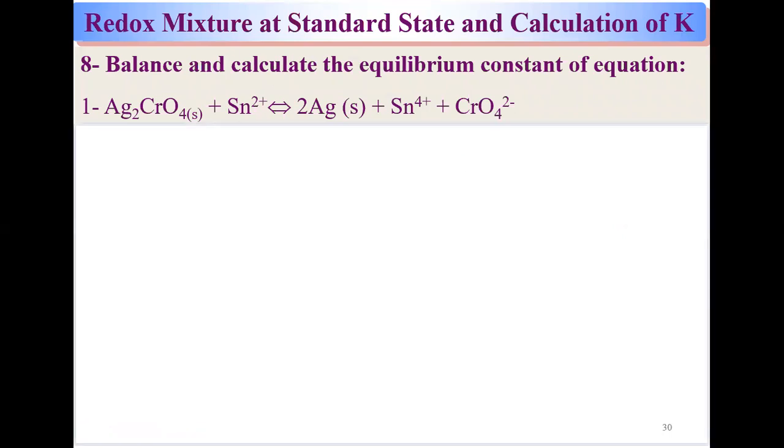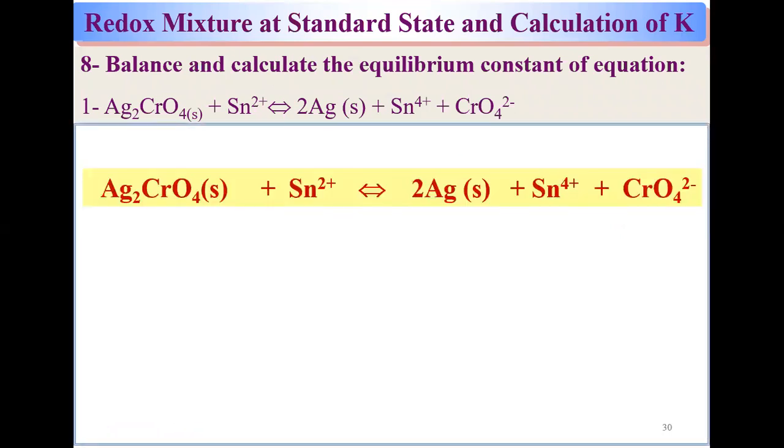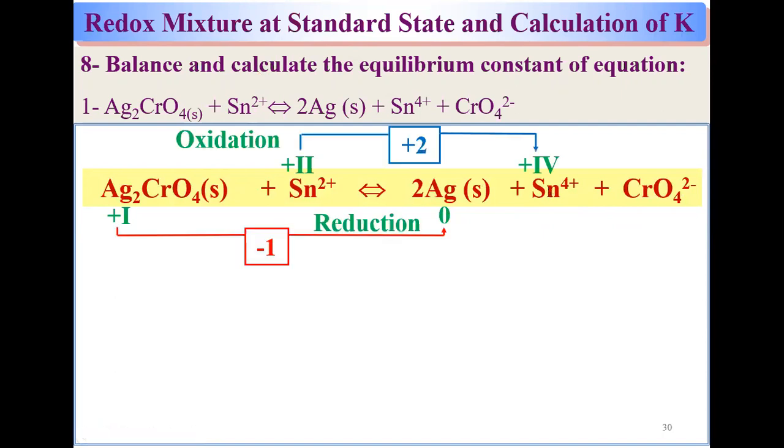Okay, balance the following and tell me the equilibrium constant. You have an equation. Split that equation into two halves. Of course, put the Ag together and put the chromate with the Ag, put the tin together, and see where reduction is occurring and where oxidation.